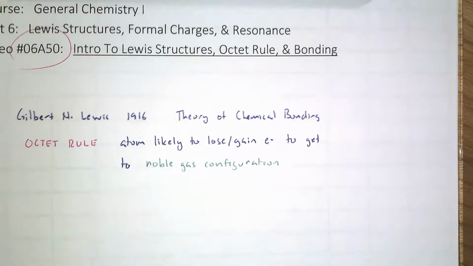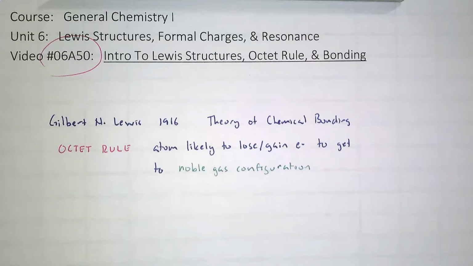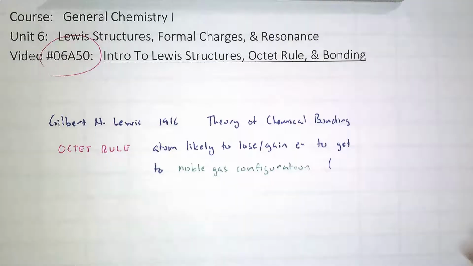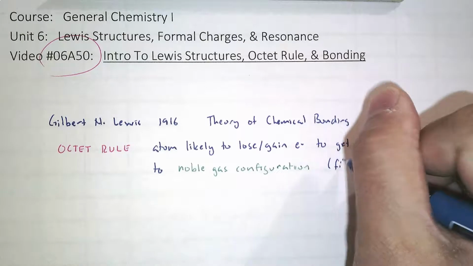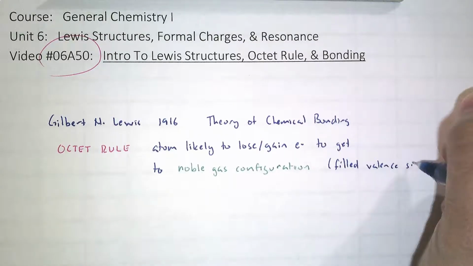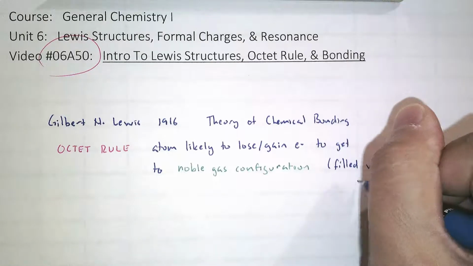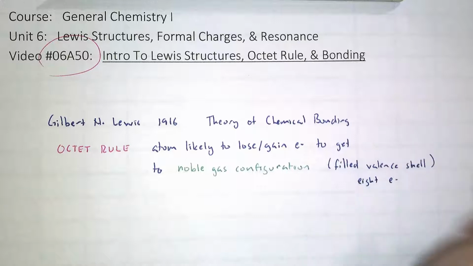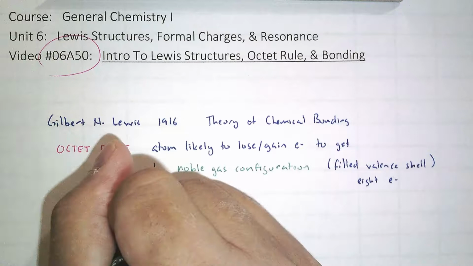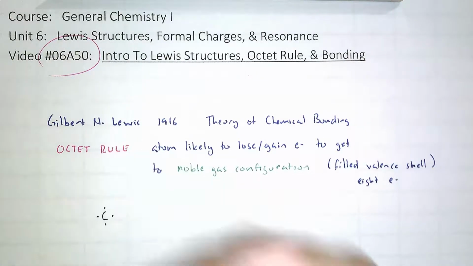And let me give you a couple of examples. By the way, what you're really trying to attain is a filled valence shell. And in most cases, it's going to be 8 electrons. Let us take carbon. Carbon has a Lewis dot symbol like that.